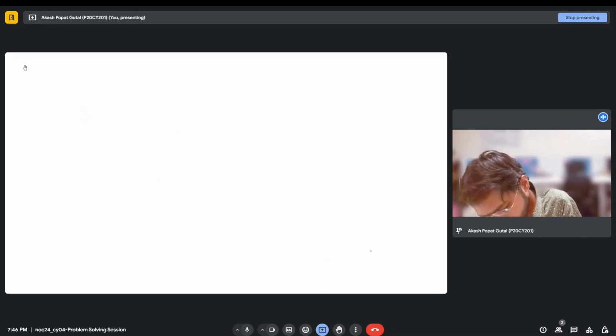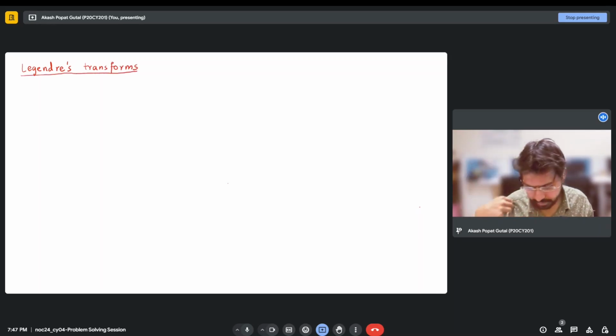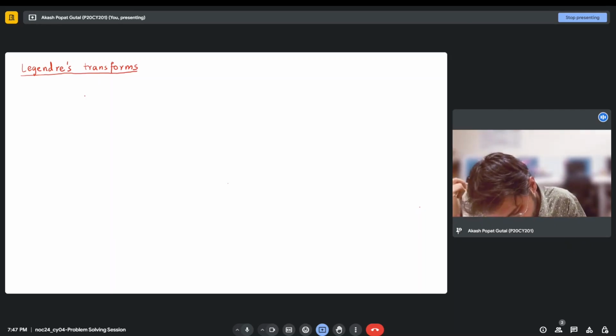Then we have seen the Legendre transforms. From there, we have seen how we can evaluate dU. dU is equal to TdS minus PdV.